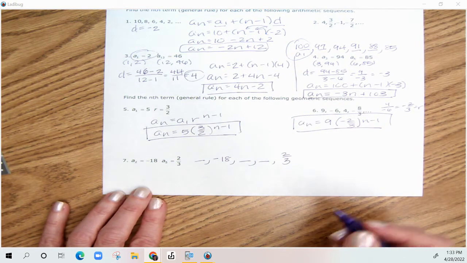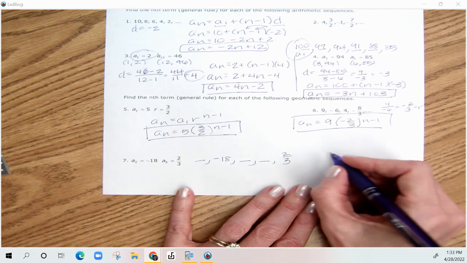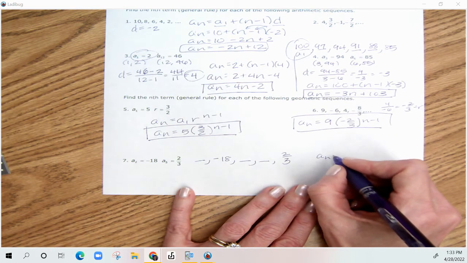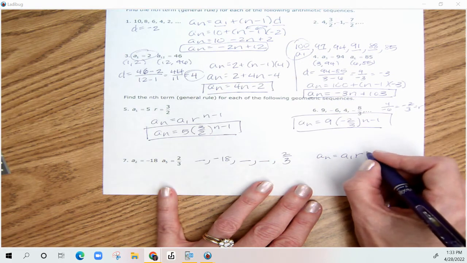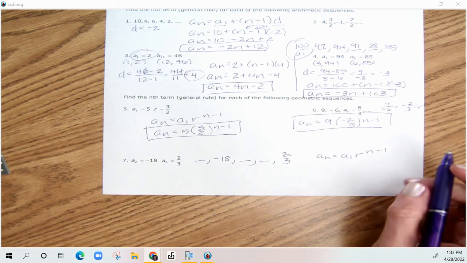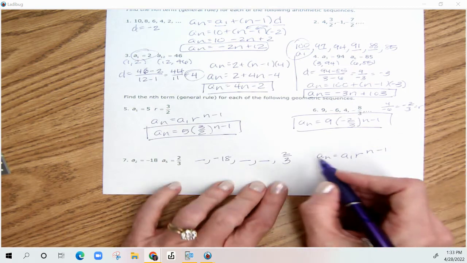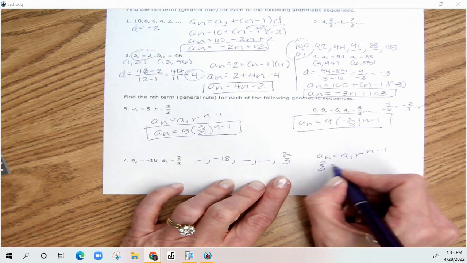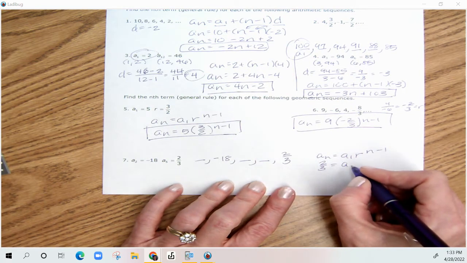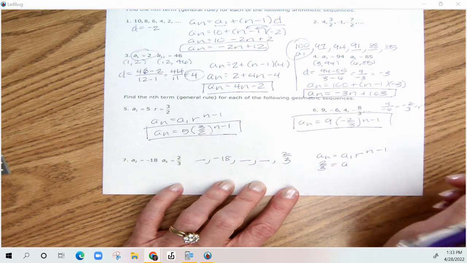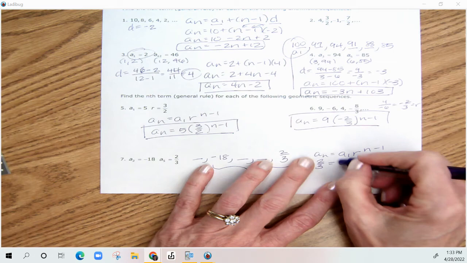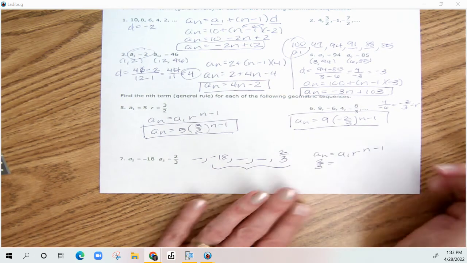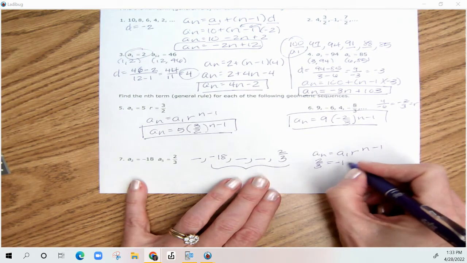So I'm able to use the formula to solve for r, and if I know r, I can find a sub 1. I know the last term is 2/3. I don't know the first term, but I'm going to pretend like -18 is the first term, because otherwise I have to manipulate it somehow.